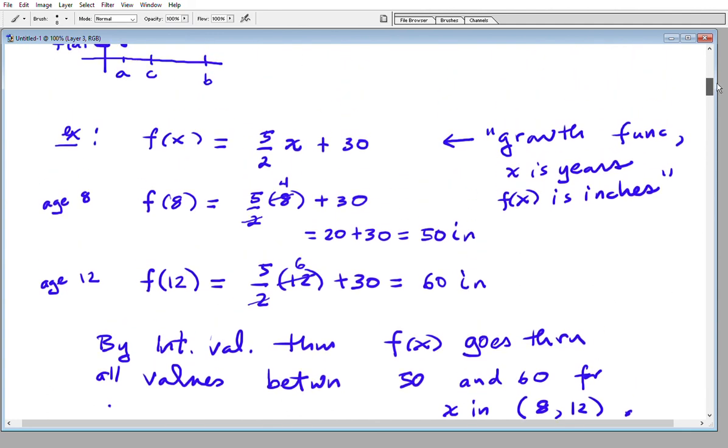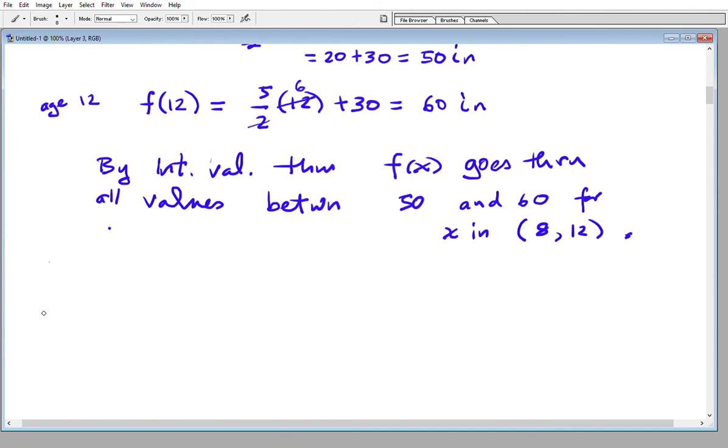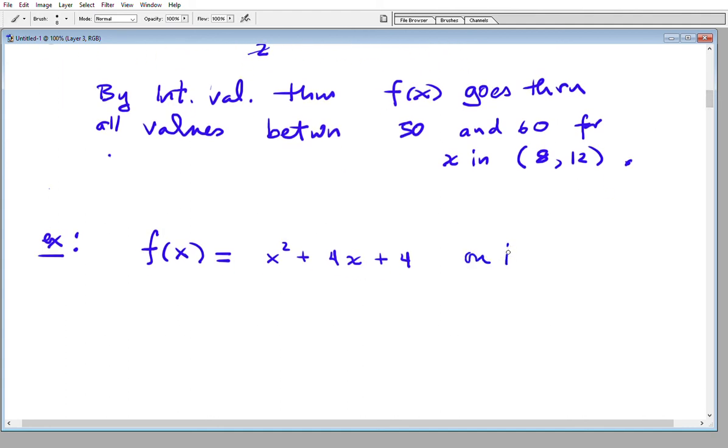So let's do a more typical example. Okay, so let's say f of x, and let me pick, let's pick this one. And let's say the interval is 0, 5.